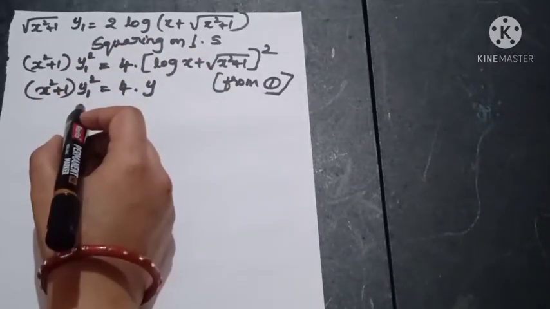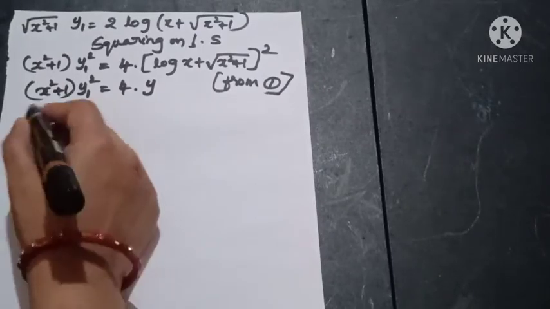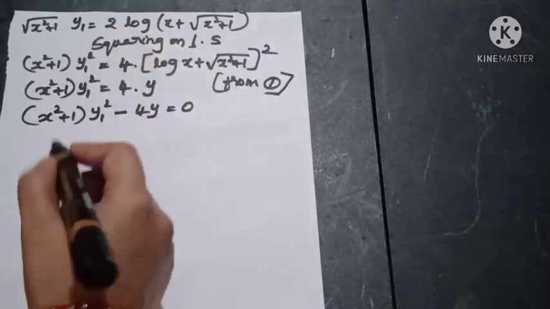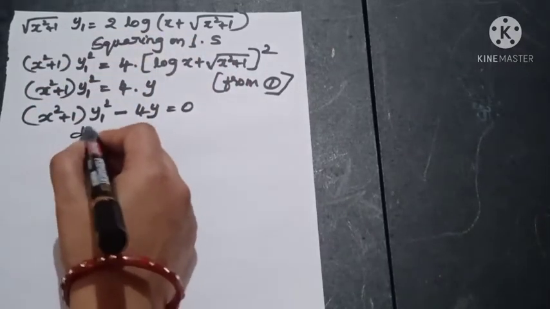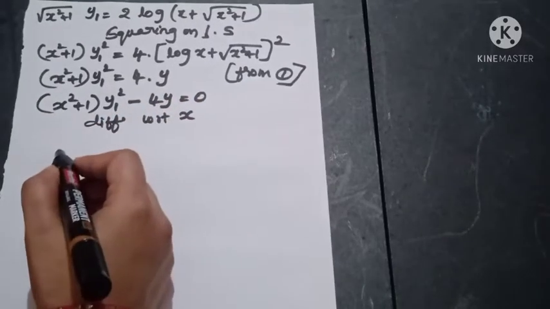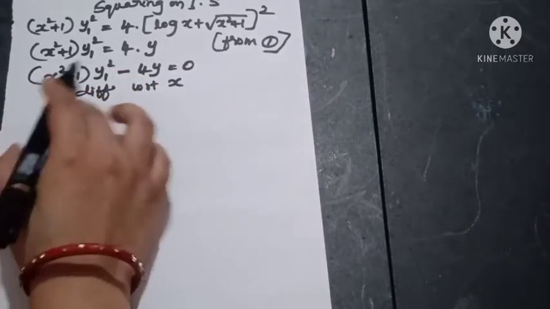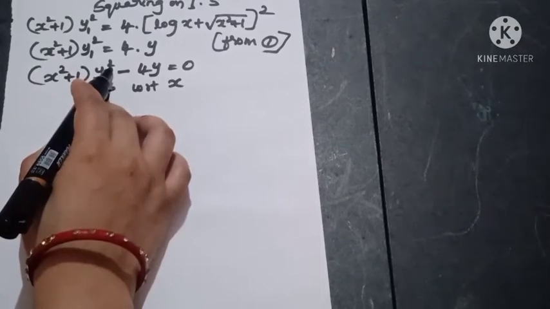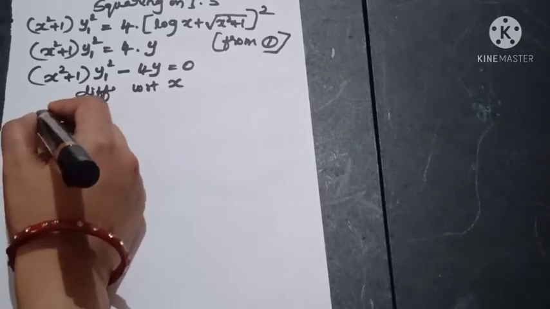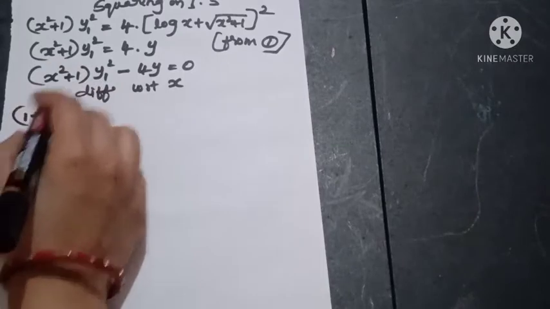Now again we'll differentiate. We'll bring it to the LHS and differentiate one more time: (x square plus 1) y1 square minus 4y equals 0. So we differentiate with respect to x. This is two functions, so we keep the first function, 1 plus x square, as it is, and differentiate the second.